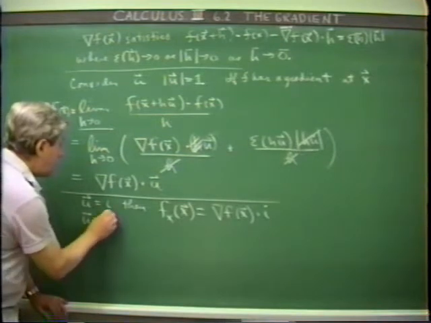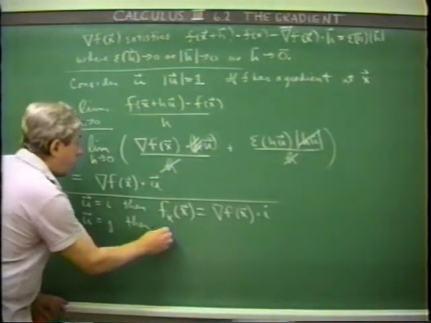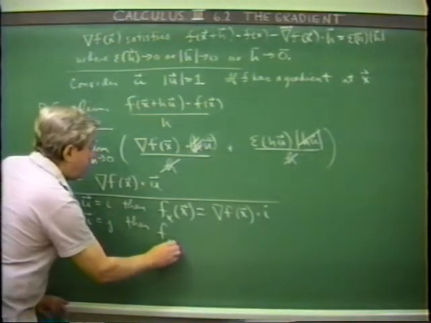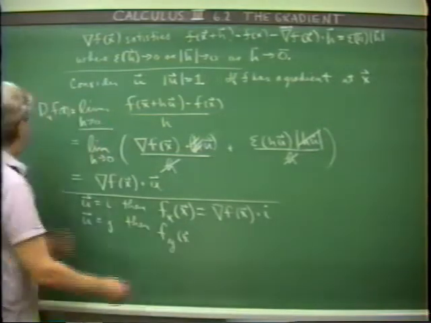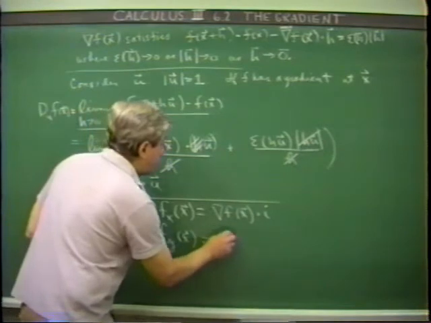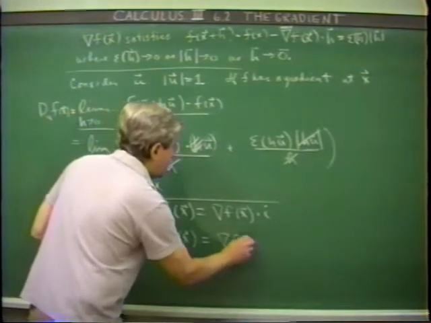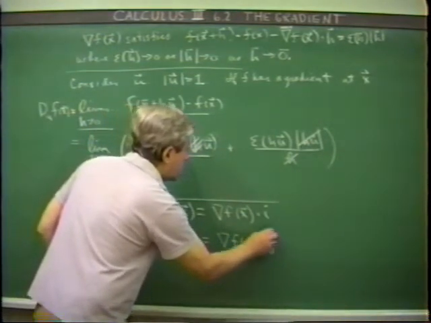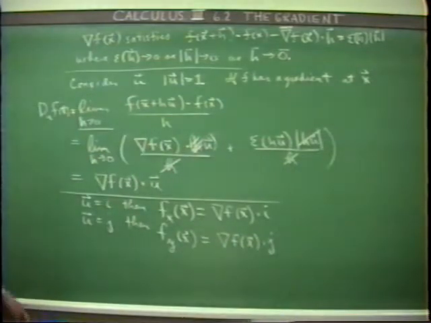If we let u equal j, then the partial derivative with respect to y is the directional derivative in the j direction at the point. It's going to be equal to the gradient of f at that point dotted with j.